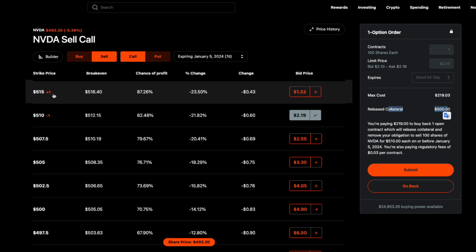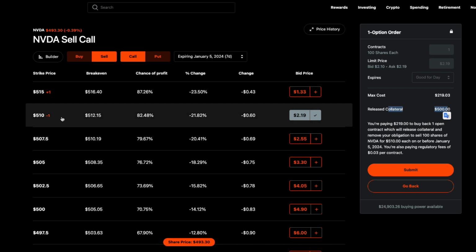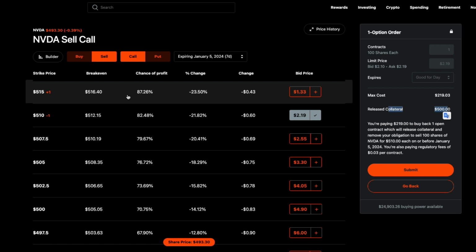So let's say next week Nvidia really shoots up, you're going to make a big profit on this position. So that is another way you can leverage this two option leg strategy. You can close one of the legs and let one leg ride. However, do remember that you have to be really confident about Nvidia going really up next week. Otherwise, as you know, theta is going to eat up all of your profit. So that's one thing that you should keep in mind.